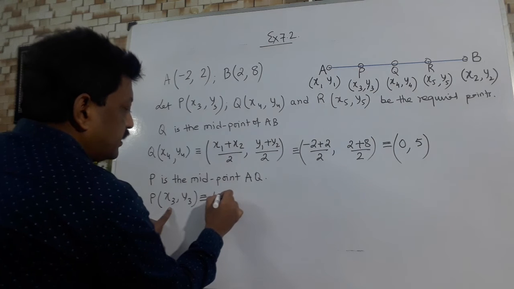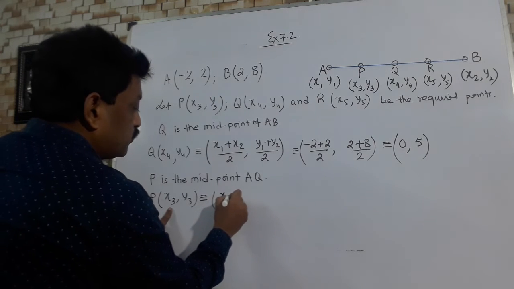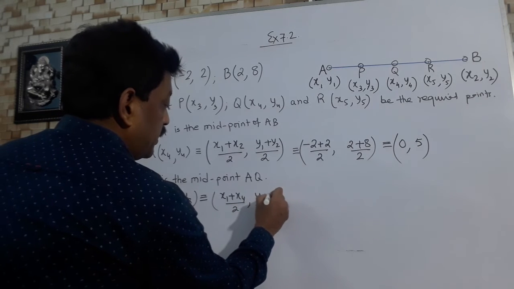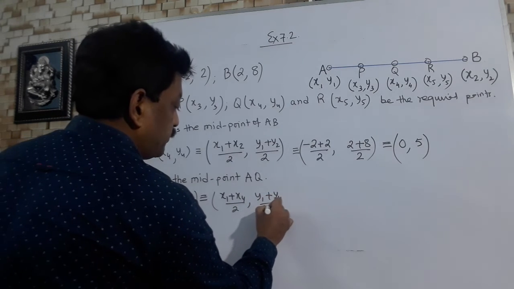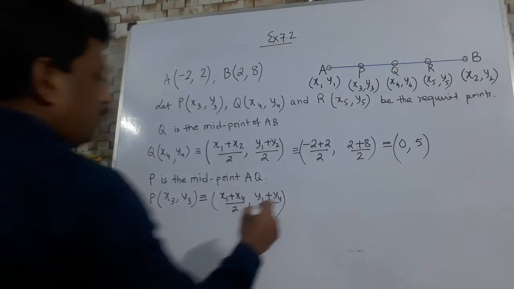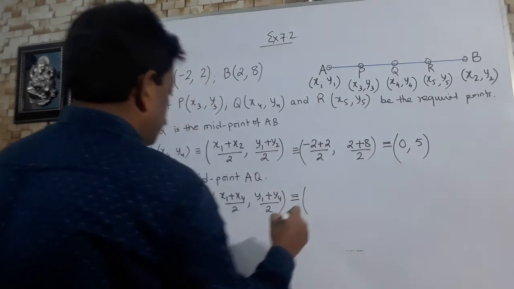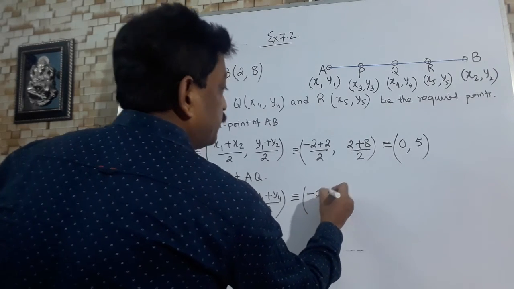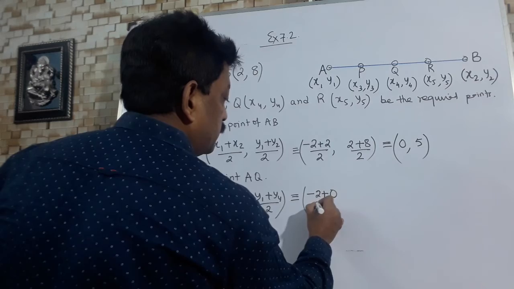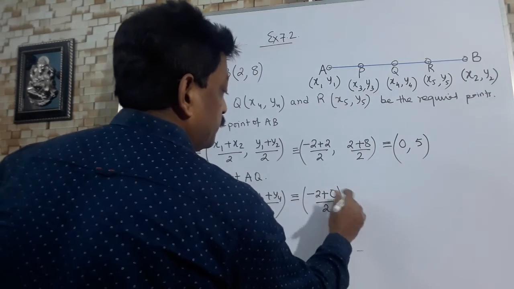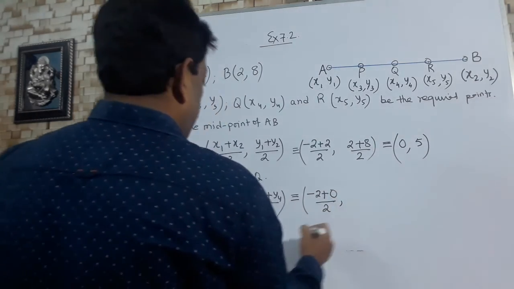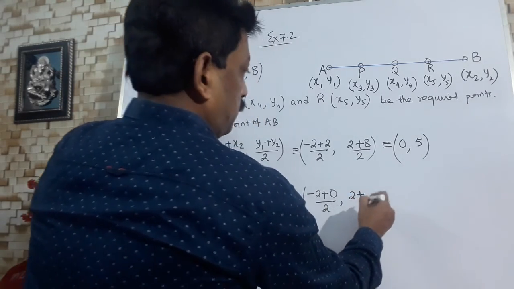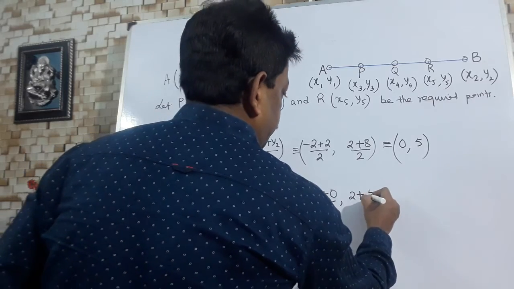For the x coordinate, x3 equals (x1 plus x4) by 2 and y3 equals (y1 plus y4) by 2. x1 is -2, x4 we have got 0, by 2, and y1 is 2 and y4 is 5.